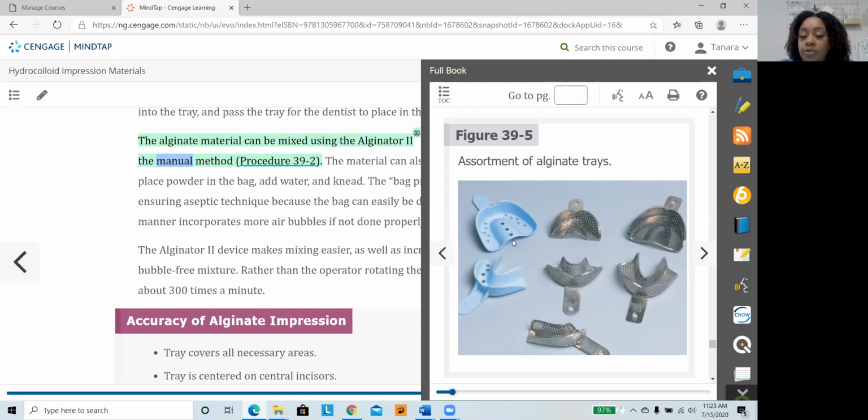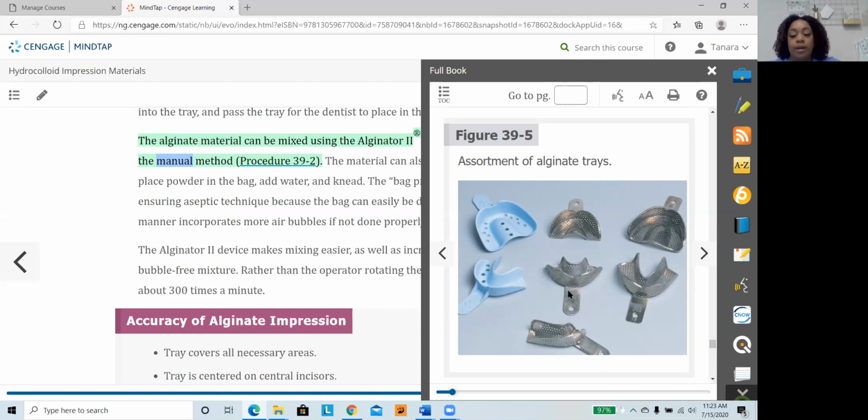So here's a max tray, here's a man tray. Same thing here, a max tray, a man tray. And here's your quad tray. Your quad tray will only take an impression of your posterior teeth. It won't take the full arch, upper and lower. So that would be the difference on the actual tray. And this is on page 921.